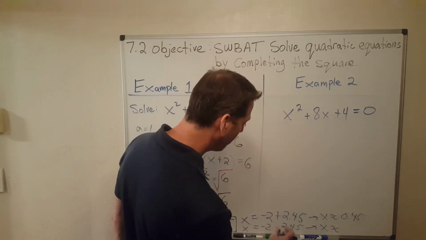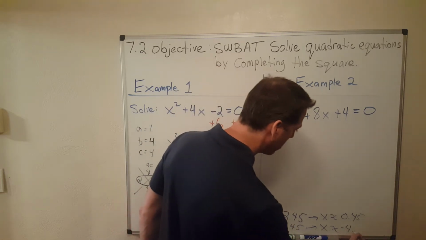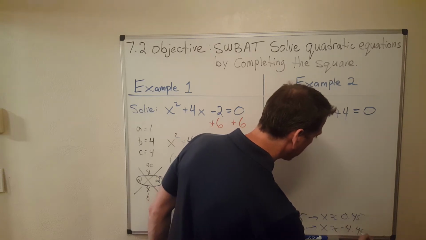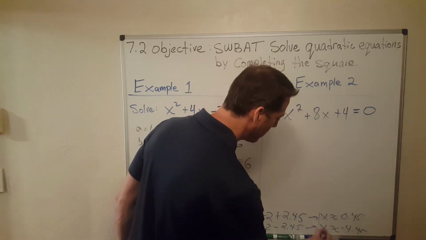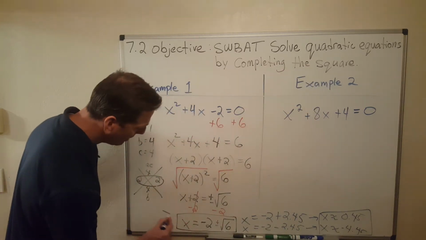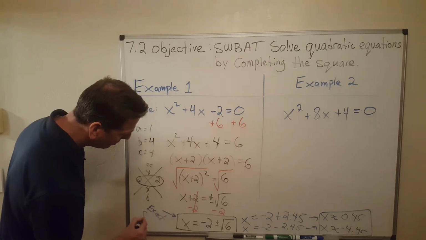So I'd have negative 4.45. Those are my approximate solutions. This is my exact solution.